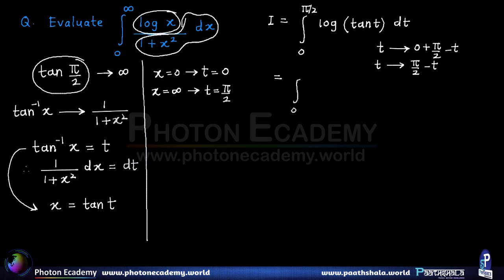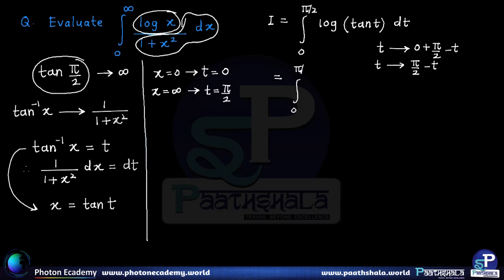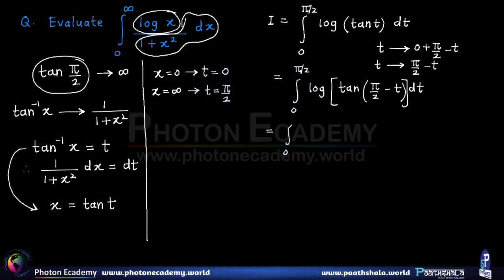So therefore we have the integral from 0 to pi by 2 of log of tan of, in place of t we write pi by 2 minus t, dt. Now we know that tan of pi by 2 minus t is nothing but cot t, so that is basically log of cot t dt. So this is also I, isn't it?